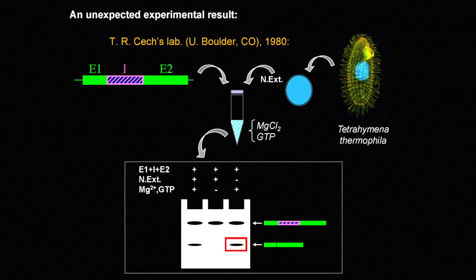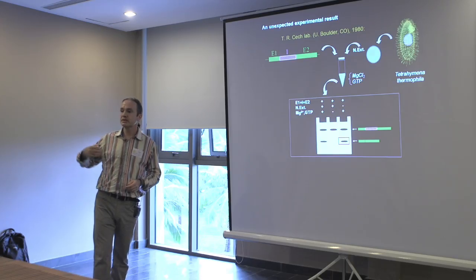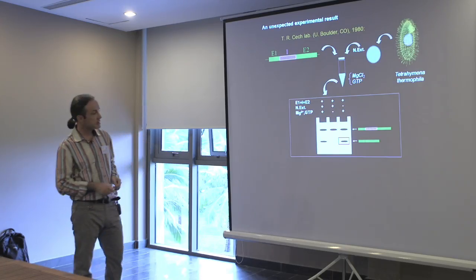If you don't add magnesium or GTP, the reaction doesn't work. So these are required for the reaction. But if you don't add the nuclear extract, the reaction is performed. This is very surprising. What the hell, this band appeared here? You can imagine that they repeated the experiments a number of times.